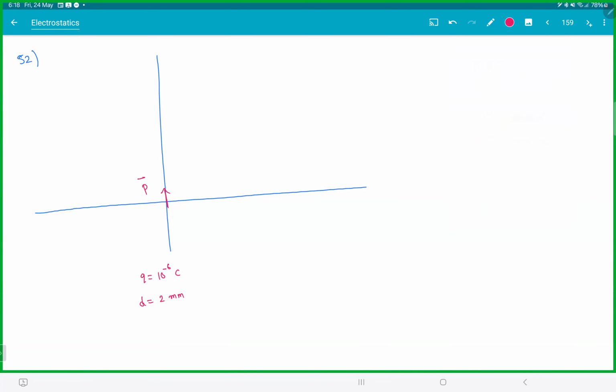It is along the J direction. The center is at the origin. From here, there's a point A. The arrowhead is positive, the tail is negative charge. The point is 3 comma root 3. Find the field and potential at point A. When I say field, I mean vector form.